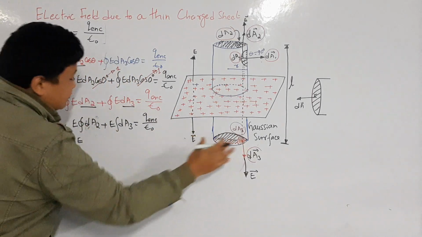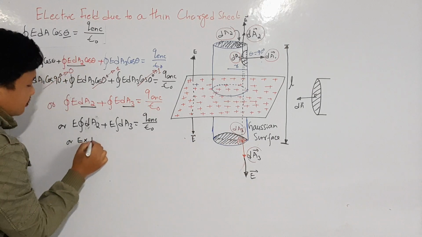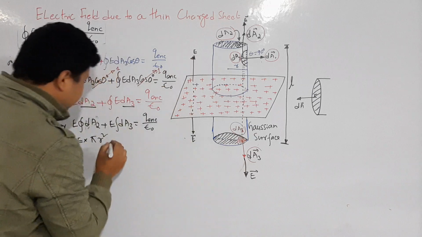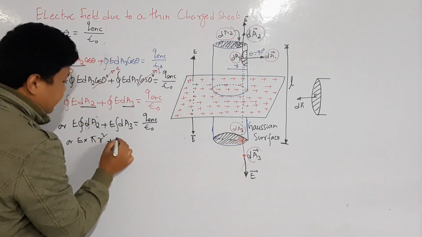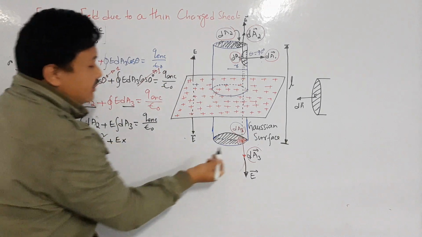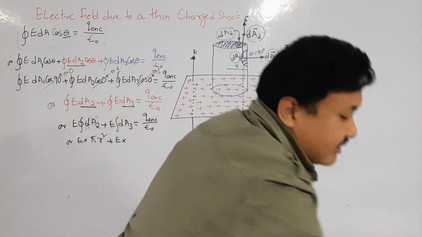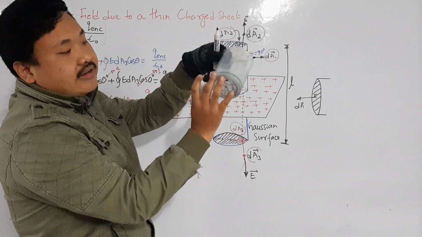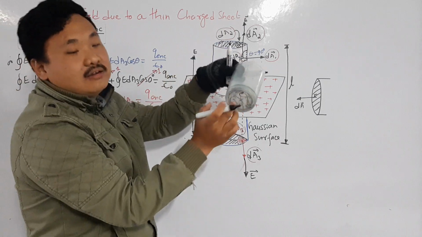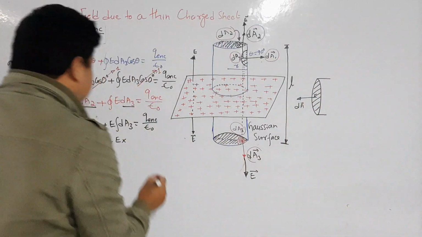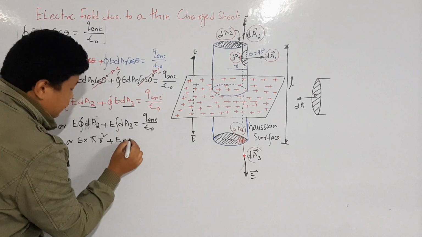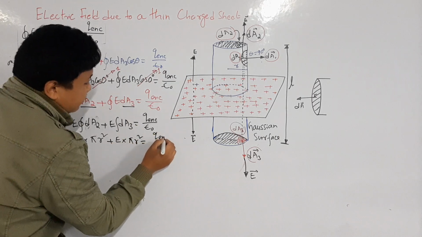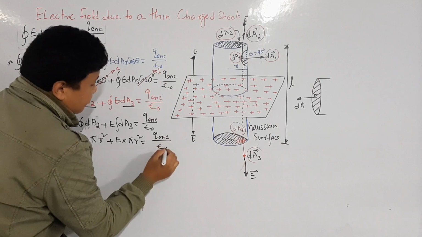You can write here E into pi r square, radius is R, plus again E into dA3. This is E, dA3 below is like this, dA3 is small, if we add all of them, I will get the area of this circle. So integration of dA3 will also give me pi r square is equal to Q enclosed by epsilon naught.